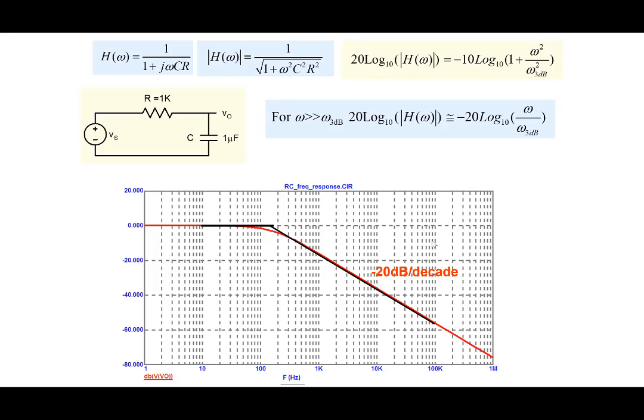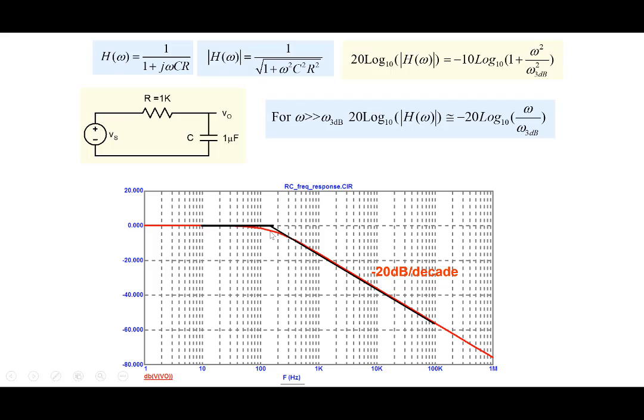The second thing is the 3 dB frequency. The red curve is the exact curve, but if we were to approximate it, we could approximate it by a straight line here, and then at the 3 dB point we can draw another straight line with the slope of 20 dB per decade. So it's an approximate representation.